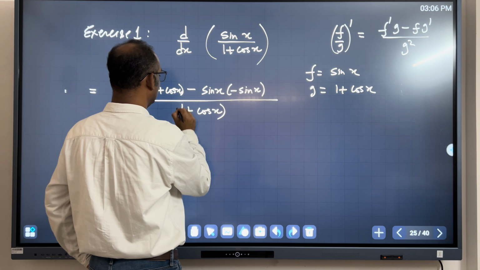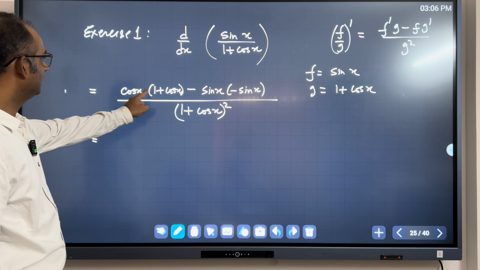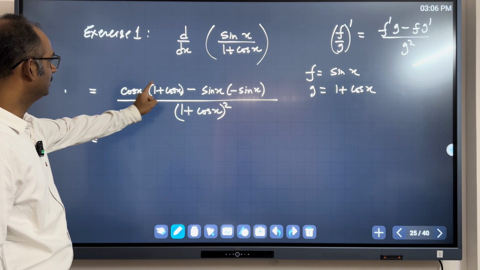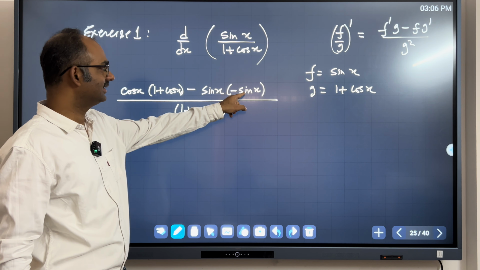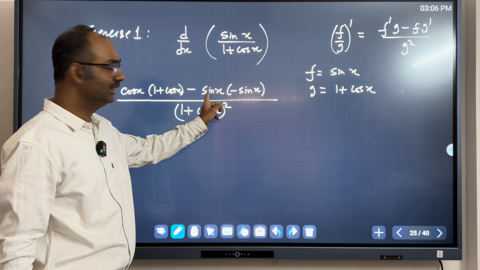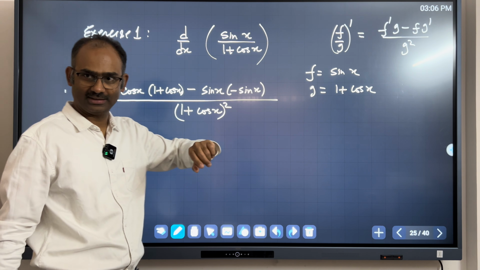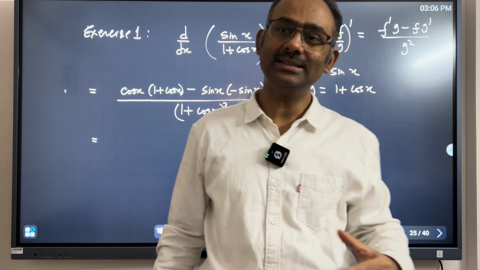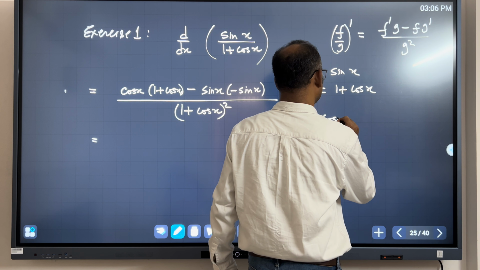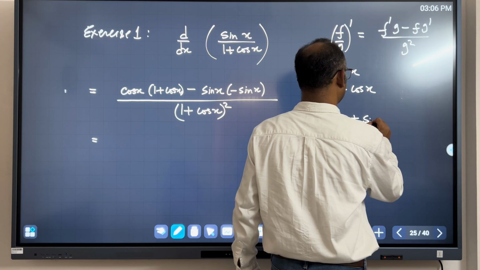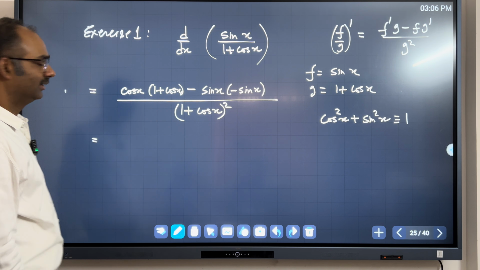Now cos x into 1 is cos x, cos x into cos x is cos square x, and here you have plus sine square x, minus times minus cancel. So you get cos x plus cos square x plus sine square x, but cos square x plus sine square x is identically 1, right? Any problem?